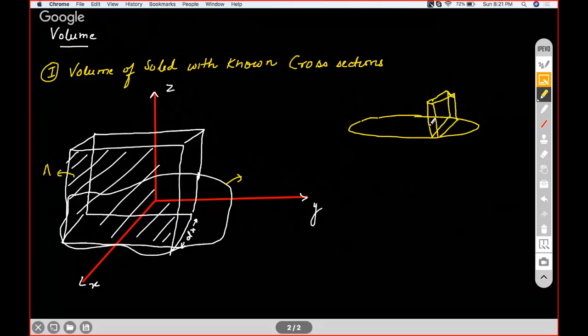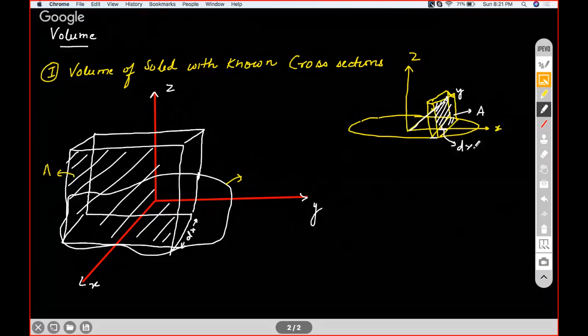This is a 3D structure. This is your z-axis, this may be your y-axis, and this may be your x-axis. So this surface area would be given to you, A, and this thickness, since it is taken along the x-axis, you can say is dx.